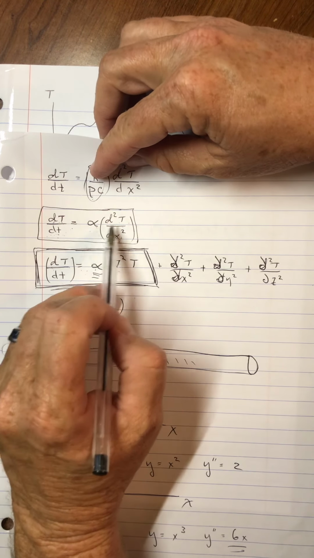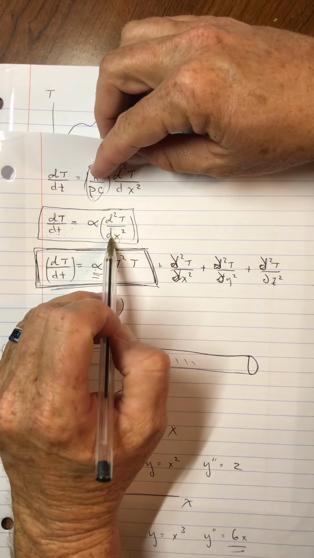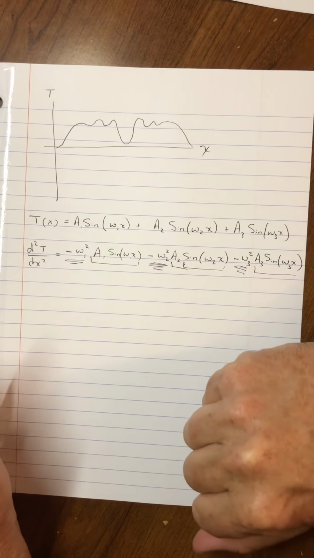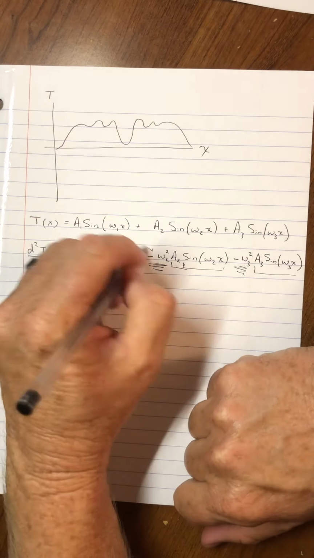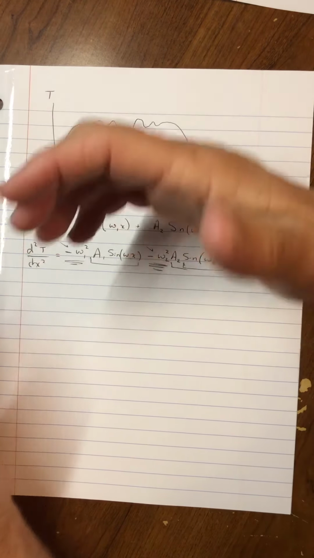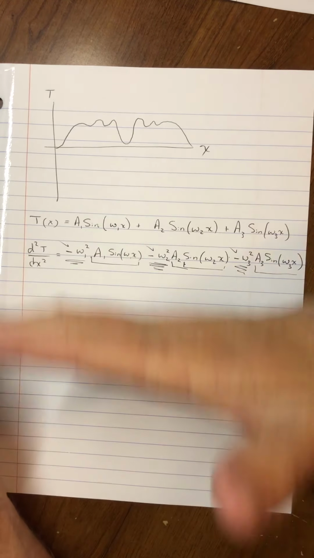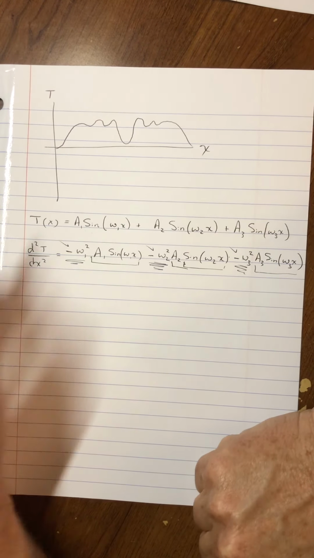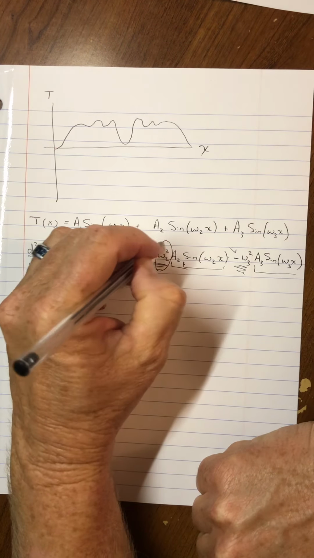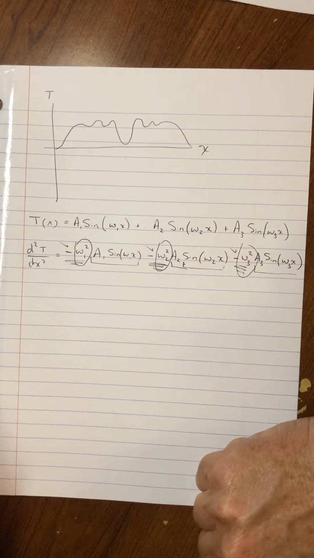And it would depend upon the second derivative. And then notice something interesting about the second derivative. The negative here is not the interesting one. That just means if it's at a high temperature, it'll go down, and if it's at a low temperature, it'll go up. Okay, but the rate is proportional to its frequency squared.